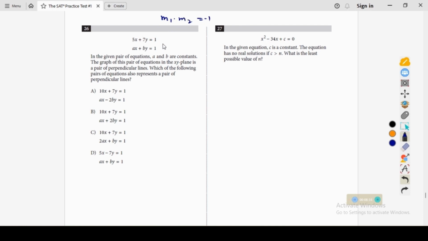Just find the product of the slopes of these two equations. The slope of the first equation is -5/7, and the slope of the second equation is -a/b, and their product equals -1. So it gives the value 5a equals -7b.